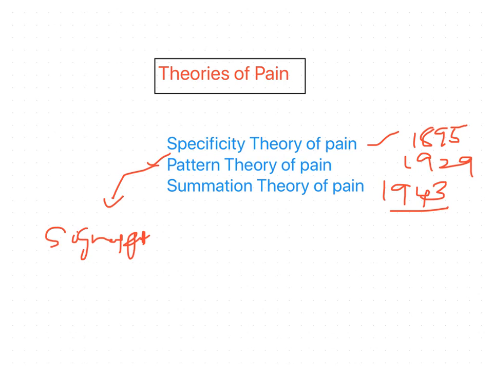So these are the ideas given by Livingstone in the central summation theory.